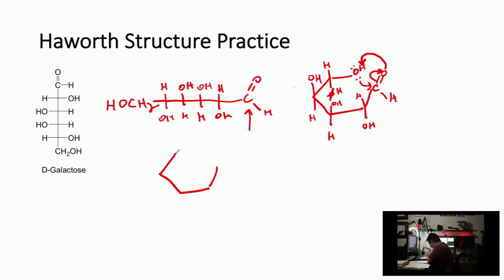You're left with your cyclized galactose, in which I forgot to draw the oxygen, so let's draw that again. Your cyclized galactose. Like that.